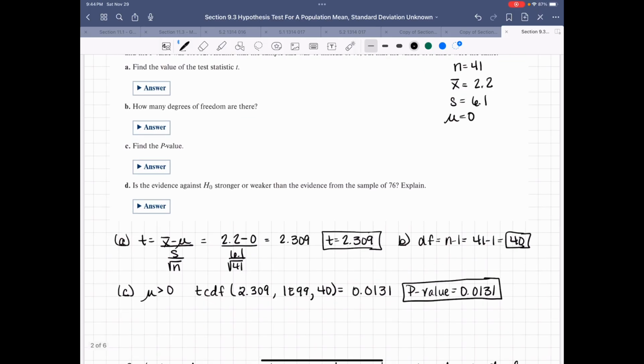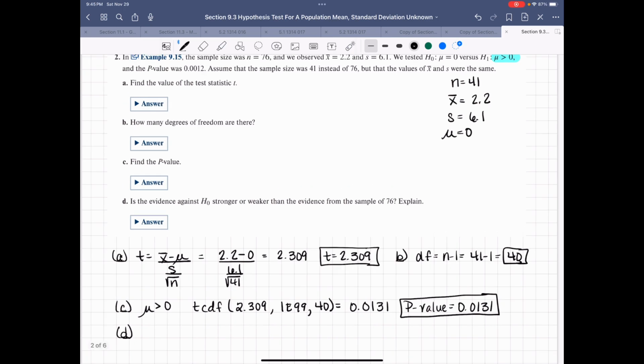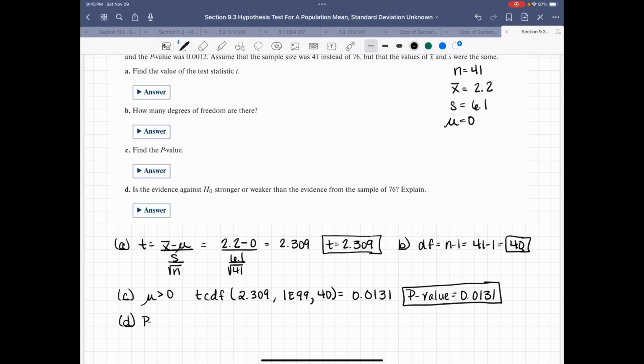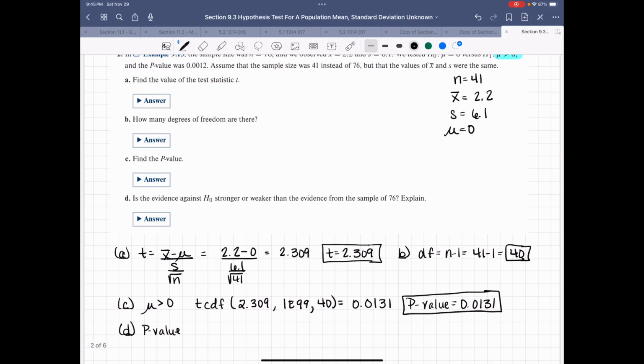And then on D, it says, is the evidence against the null hypothesis stronger or weaker than the evidence from the sample of 76? In the sample of 76, we got a p-value. It says our p-value equaled 0.0012. We got a p-value of 0.0131.